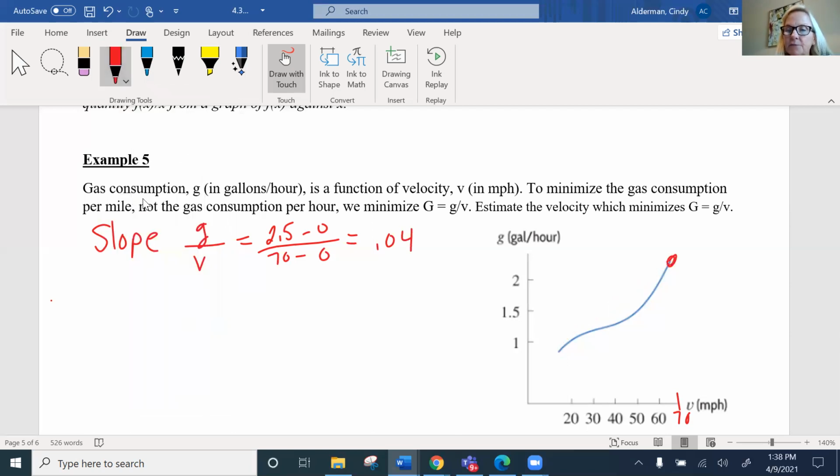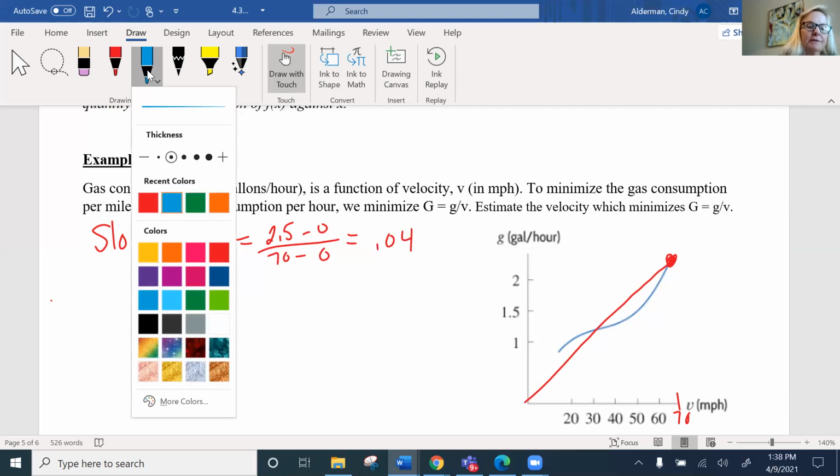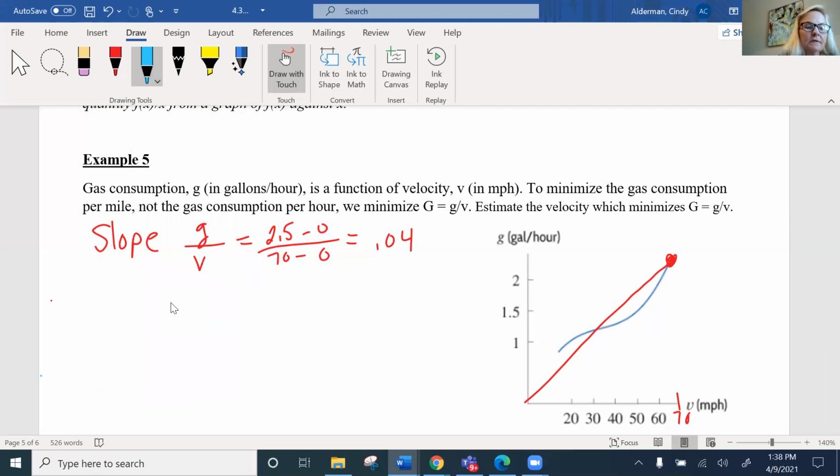Okay, so let's take this point right here. So that's the slope that we just found. Well, probably a better estimation might be from a different point of view. Let's say we're doing it from here to here. So if you use those X and Y values, what we're looking for here is the smallest slope, right?